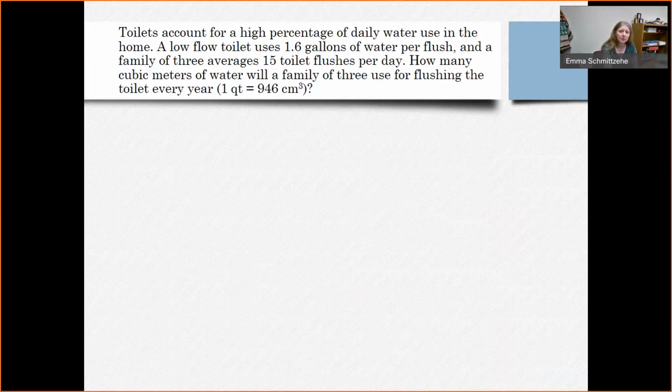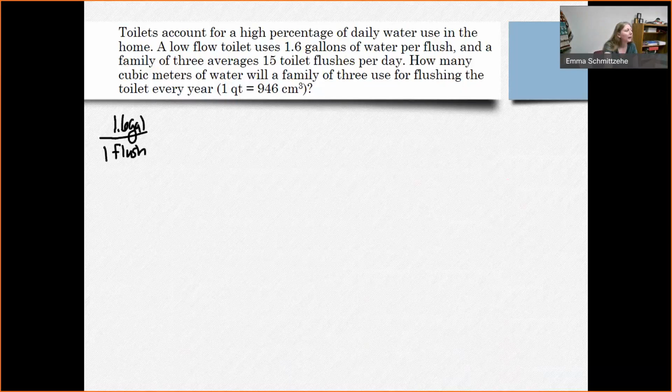Now, that is a ratio, 1.6 gallons per flush. Okay, so I'm going to write that as a unit factor. 1.6 gallons per flush. Okay, now you could write this the other way around, upside down. Okay, it doesn't matter. We can always flip it later.